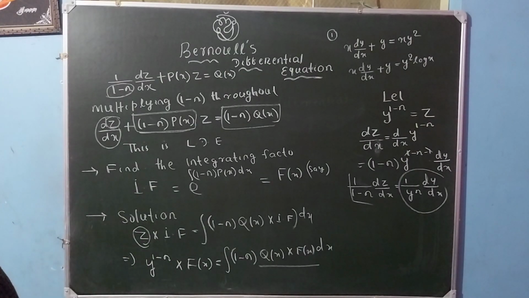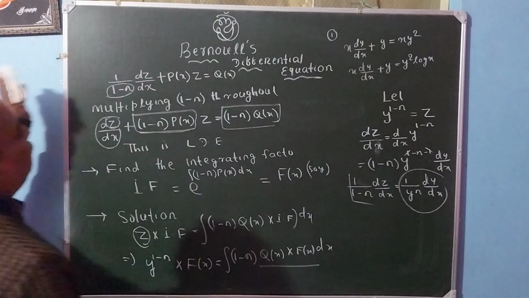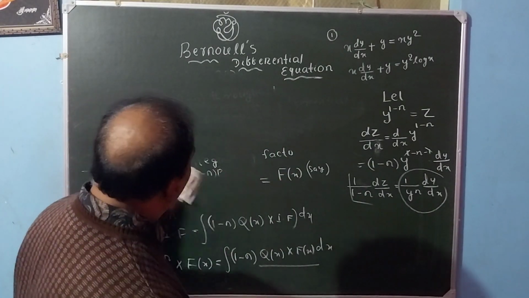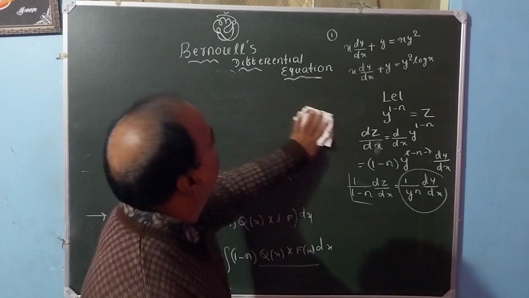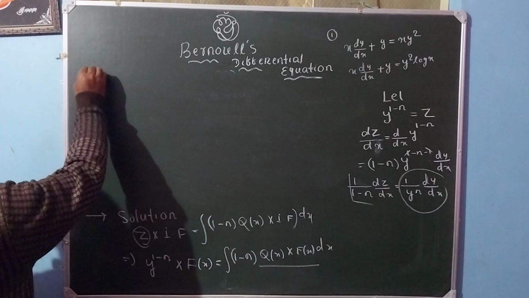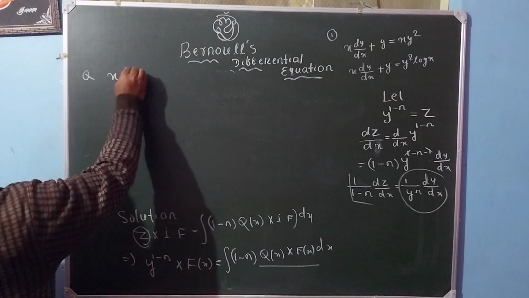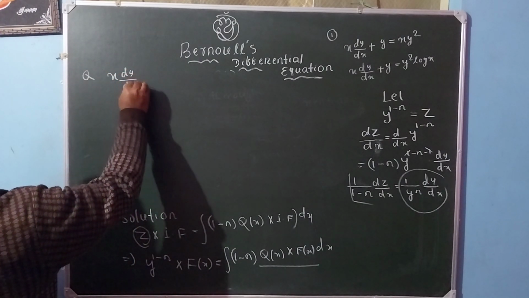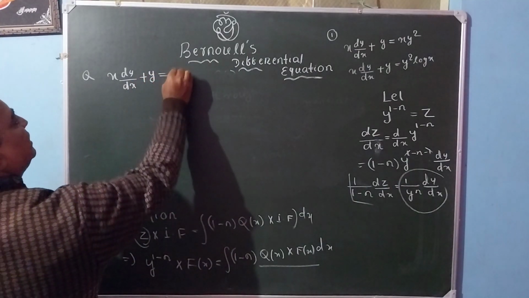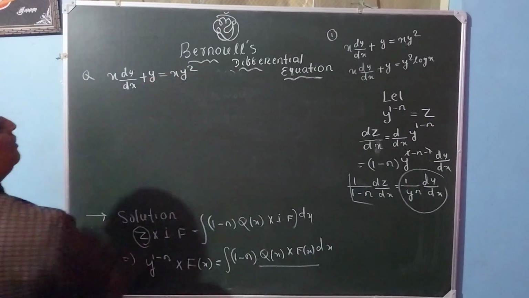Okay, so now we have to work out one example. Write down one example for Bernoulli differential equation. The question: x into dy/dx plus y is equal to x into y square.